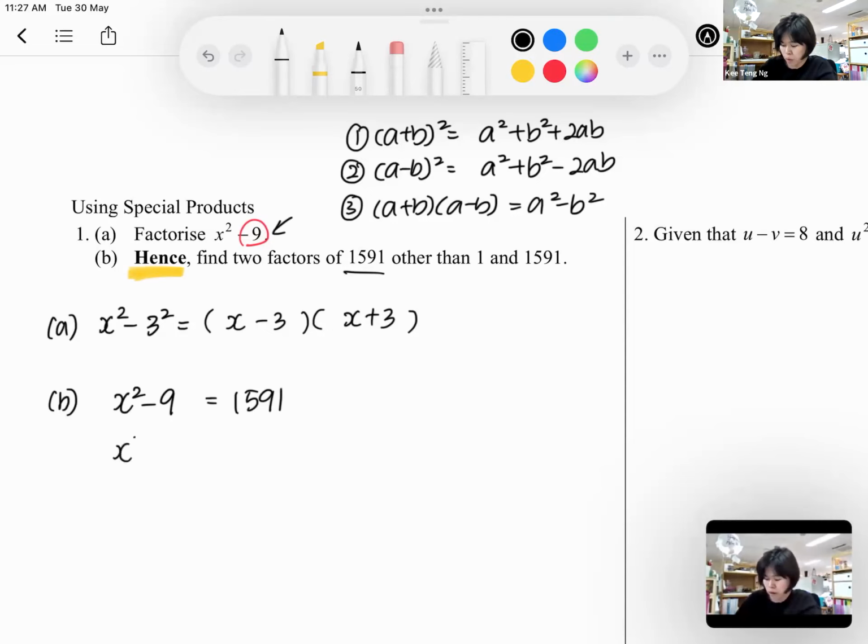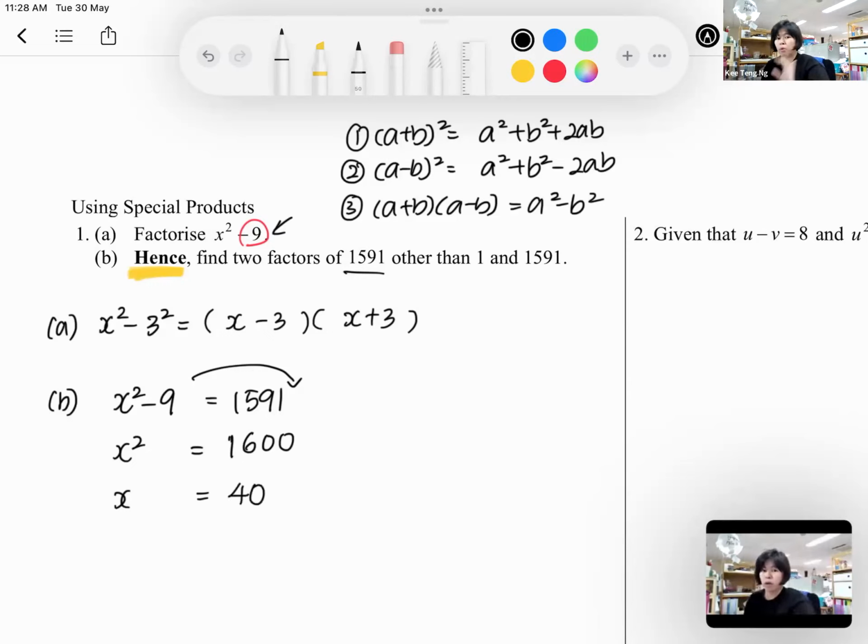So I should find out what x squared is. I undo this: I plus 9. So 1591 plus 9 becomes 1600. So what is x? The square root of 1600 is 40.